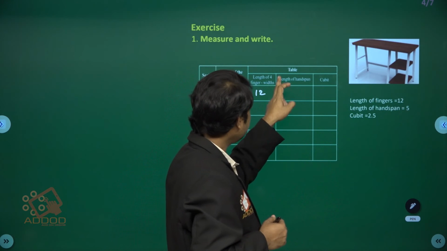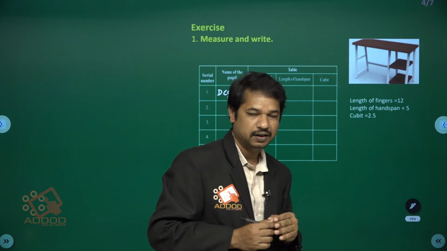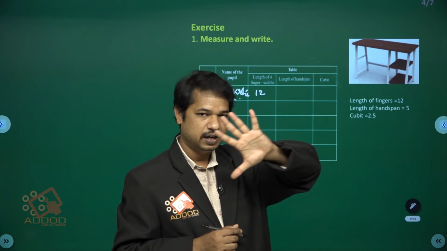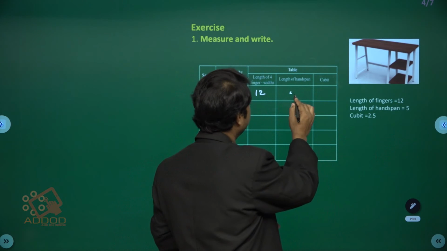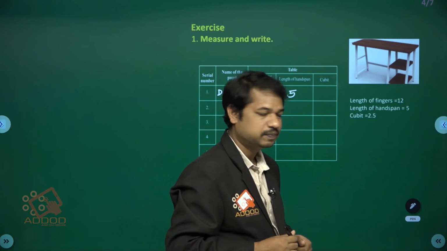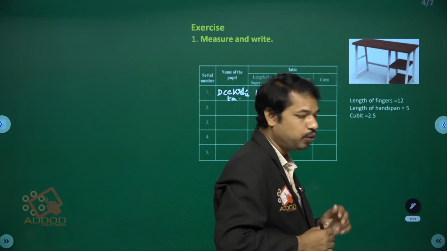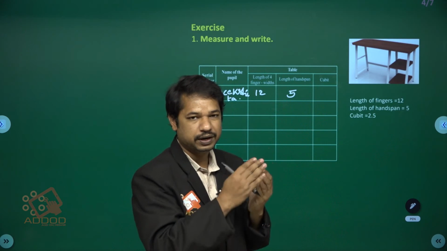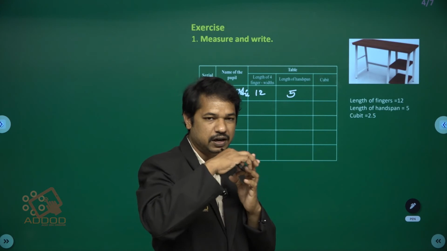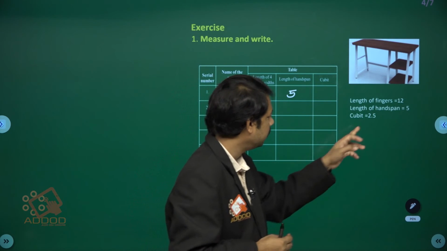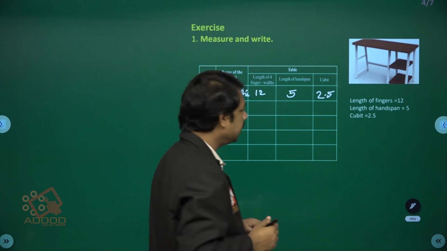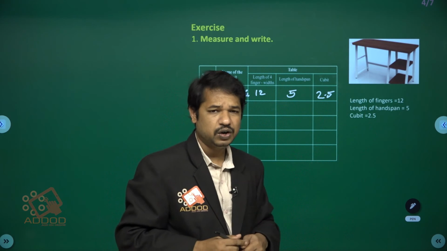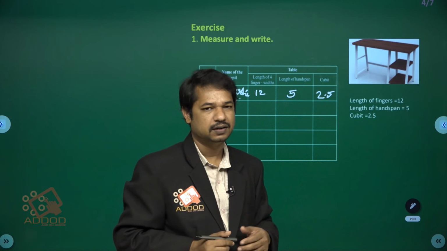Next, length of hand span. Dikshita's hand span is 5. There are 5. Okay, cubit. We know that cubit is elbow to tip of the middle finger. Okay, 2.5. Similarly, we measured.